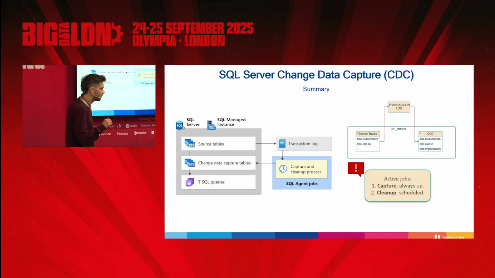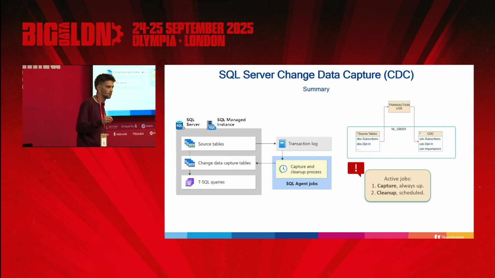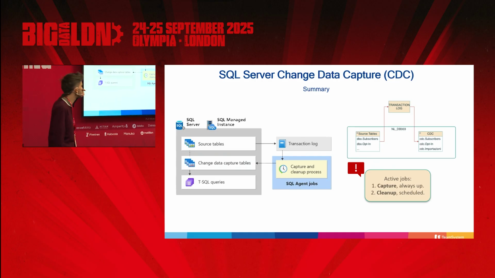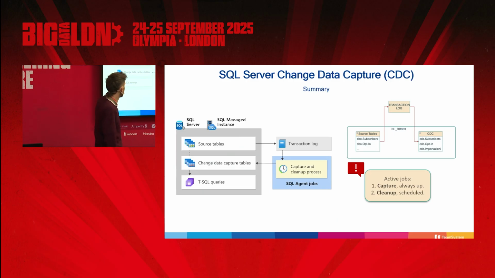When you activate change data capture, essentially you are activating two jobs. One is the capture job, and it is always up and running. It reads from the transaction log and tracks all the information of your source tables, and stores this information in technical tables, which are the change data capture tables.